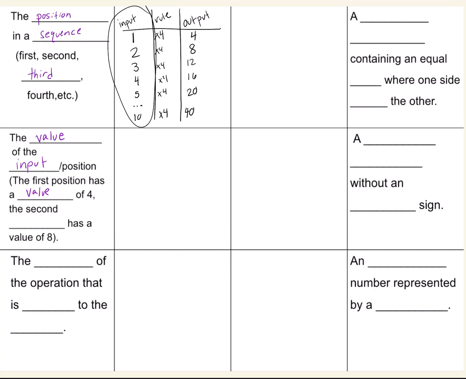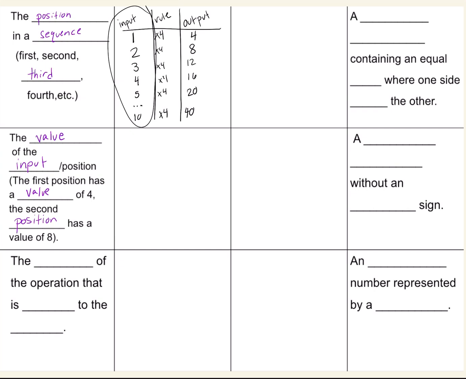The second position has a value of 8. For our example, we're going to use the same one that we used above for input. The only difference is we're going to be more focused on the output.